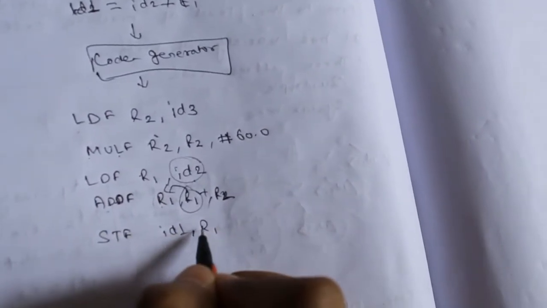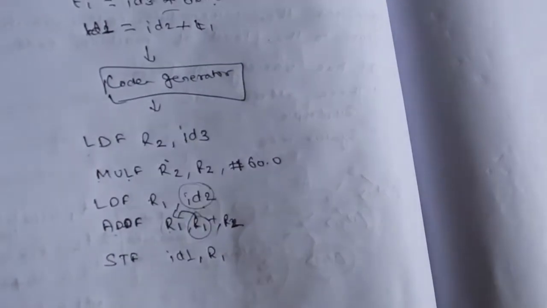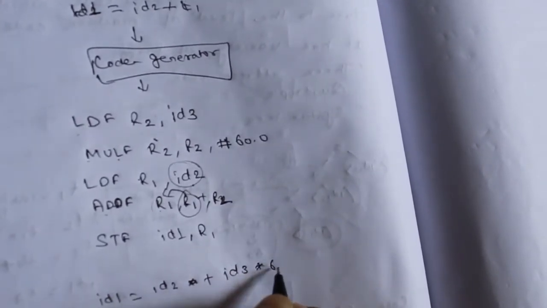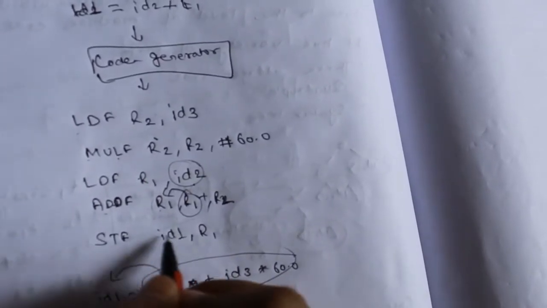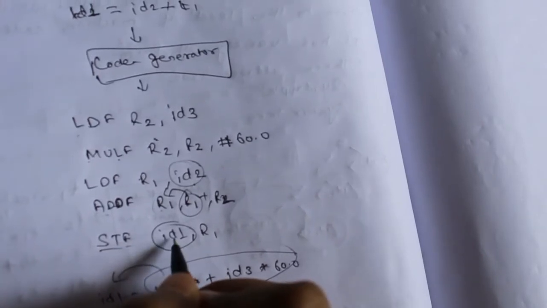So that R1 value is stored into id1, because we are storing id1 as id2 plus id3 into 60.0. So all these values are stored into the id1. So at last we have to use the STF store function, where the R1 value will be stored to the id1.